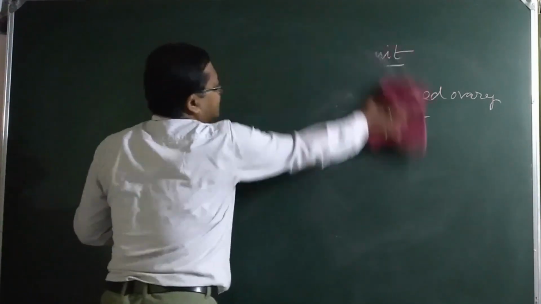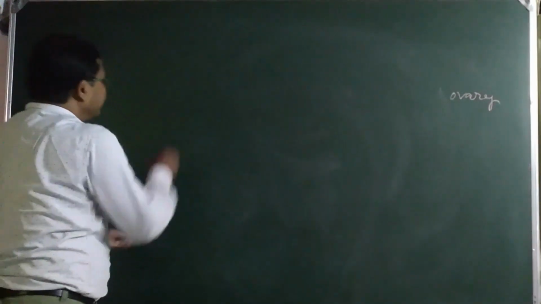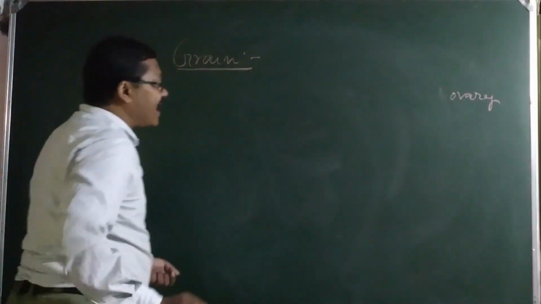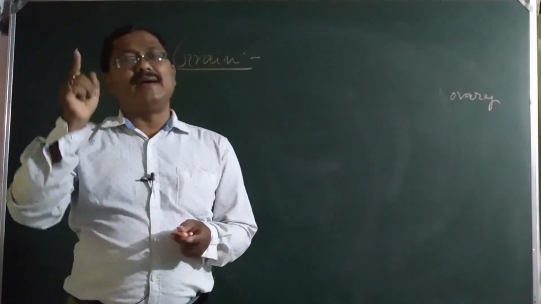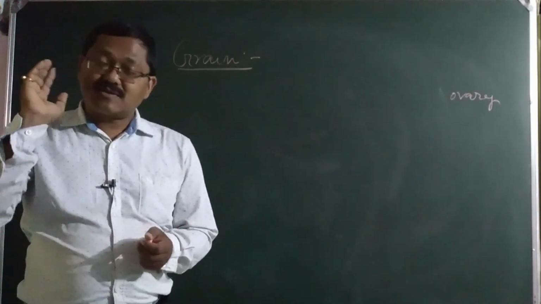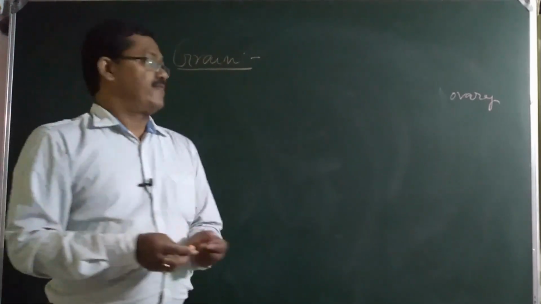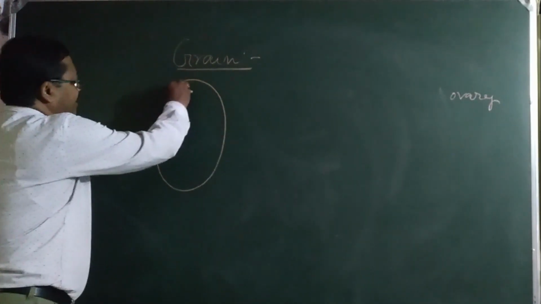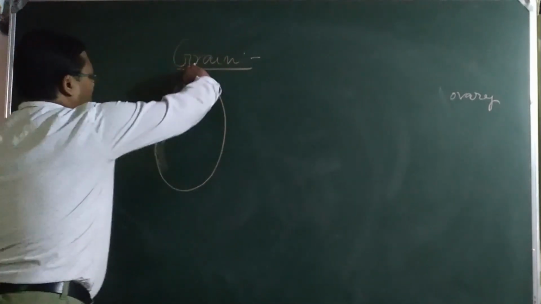Three questions in the first paragraph. What is grain? Grain is the fertilized ovary containing the fertilized ovule, that is the seed, but the seed coat as well as the fruit wall are fused. This is the covering of the ovarian wall.